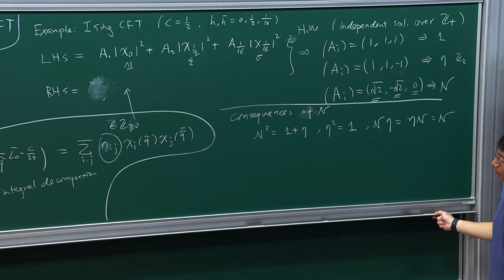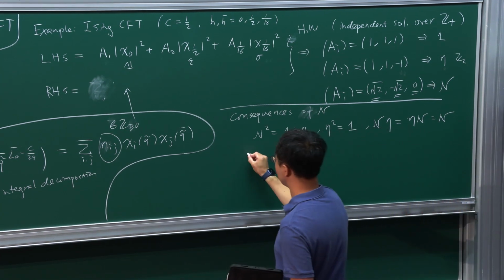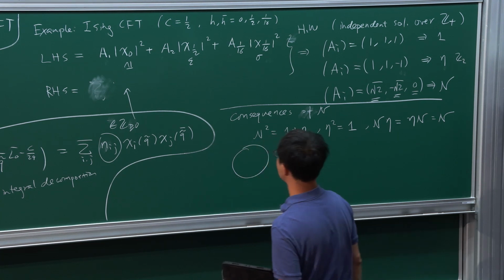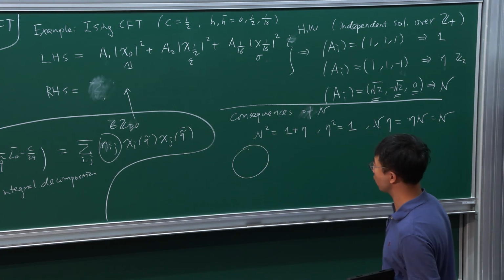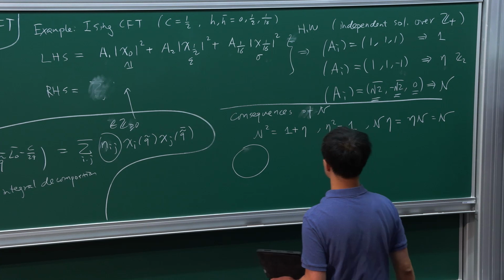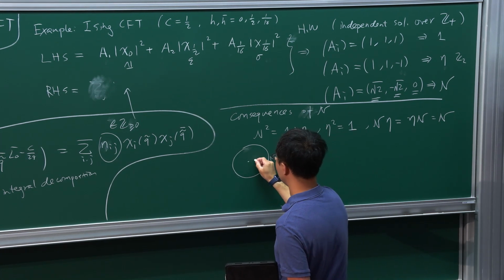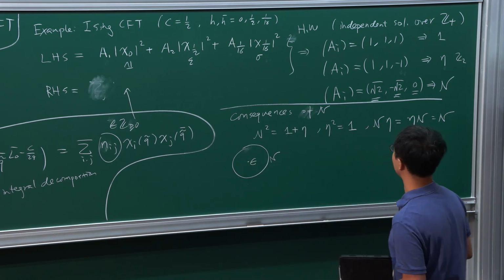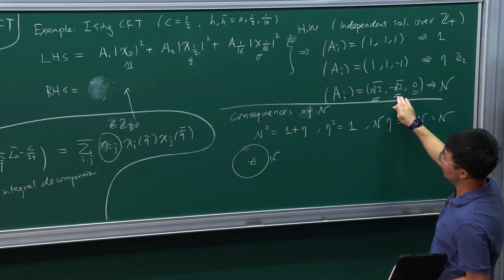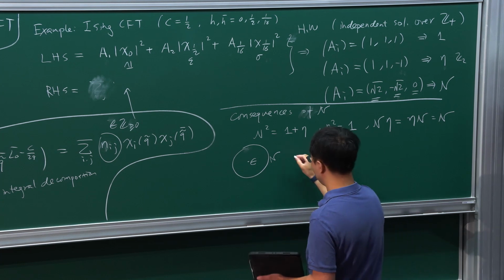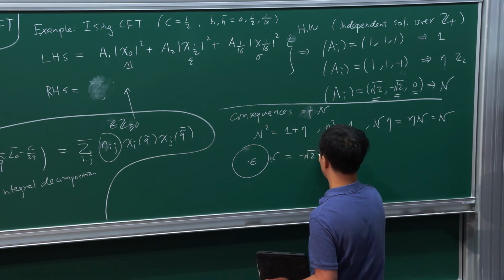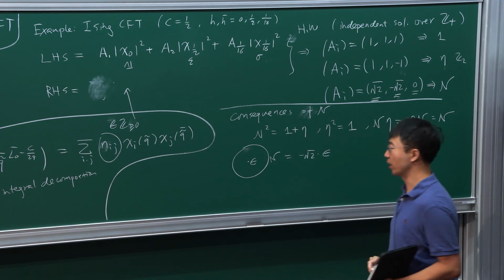And we also see that, using the operator-state correspondence, when we act by this duality defect N on the identity operator, just going to this formula, you will find that this is equal to minus square root 2 multiplying the identity operator.